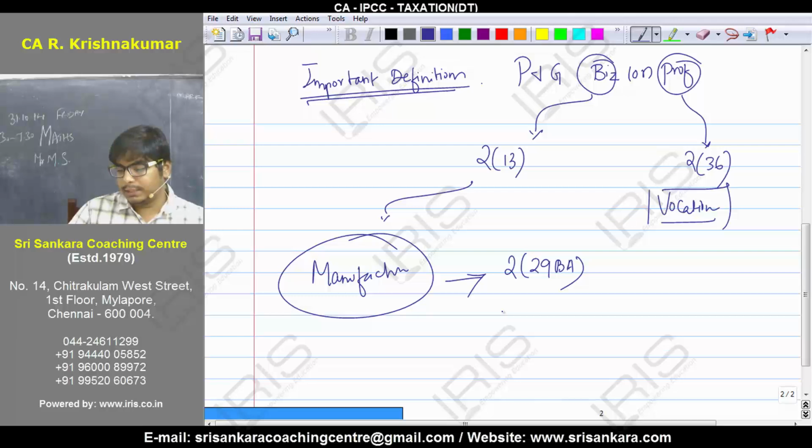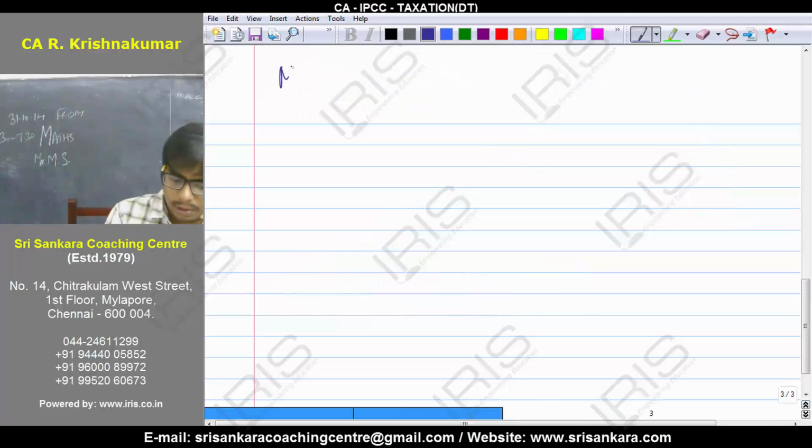Okay, next, or this is manufacture. This is self-explanatory. See, these definitions are only for academic interest. They are not going to test you on what is manufacture or what is business or what is profession. But you need to know what is business or profession, and business includes manufacture. Therefore, you need to know what is manufacture. These are very important definitions with respect to this chapter. Next we'll go to method of accounting.